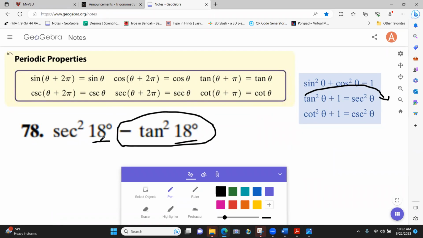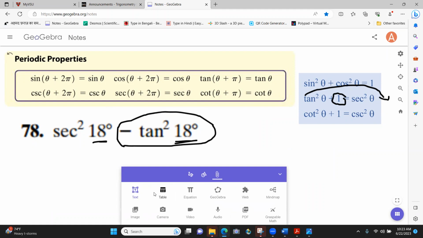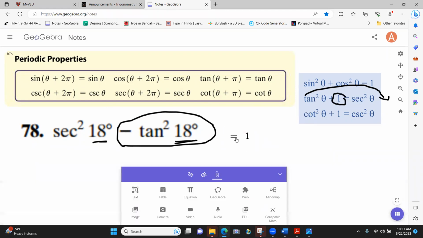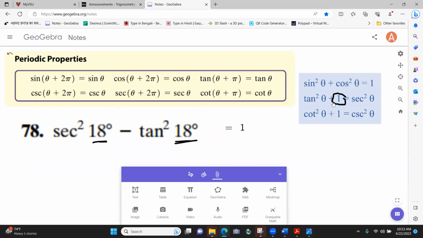So if you move this here, your 1 will be left over, so this has to be 1. So that's 1. Done. In the previous problem, 77, it was sine squared theta plus cosine squared theta. That you could almost do in your head. But now it's secant squared theta minus tan squared theta. Well, move tan squared theta here. That's going to be minus and 1 will be left, so that's 1. I'm going to pause there for 1 minute or so. See if you guys see what I'm saying.